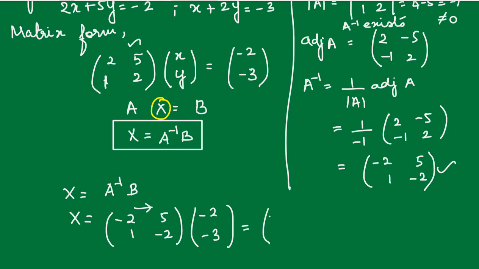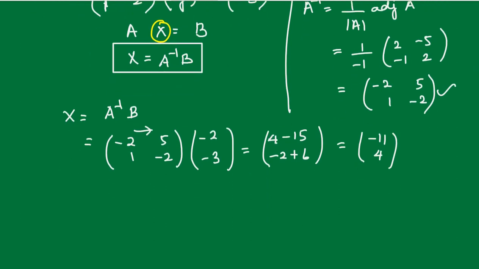So we get minus 2 into minus 2 is 4, 5 into minus 3 is minus 15. The second row and the column matrix is minus 2 plus 6, which gives us 4. So 4 minus 15 is equal to minus 11, and 4. Now this X matrix is nothing but the x y matrix. Therefore we get x is equal to minus 11 and y is equal to 4.